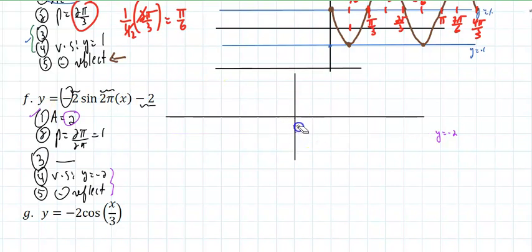You know what? Let me not shrink the scale, because the labeling becomes a bit messier. So let's say this is -1, -2. And I'm going to move 2 units above and 2 units below.